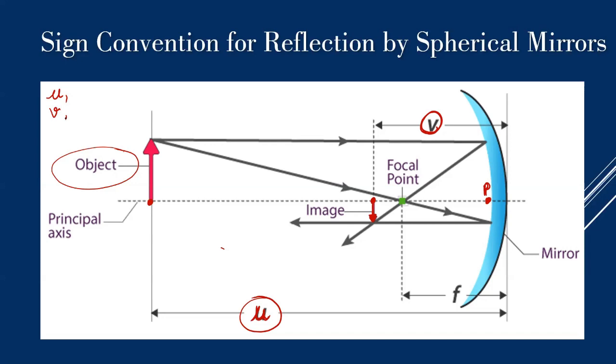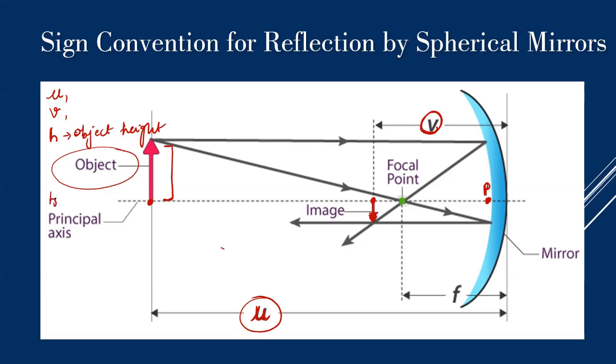Another thing is height. Okay, so as this is the object, let us denote the object height as h. What is h? H is always the height of the object, or you can say the size of the object. This is your image height.